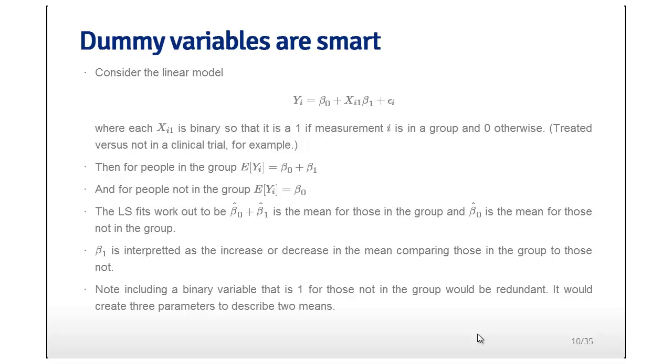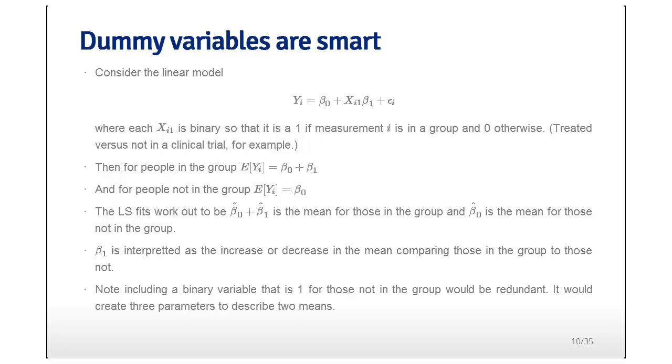Okay, so let's switch gears a little bit and talk about dummy variables, and I have this slide called Dummy Variables Are Smart. So they're not dummies at all. One thing that you can do with multivariable regression, or linear regression, is to fit factor models that include a mean for group 1 and a mean for group 2 and test the difference in the means.